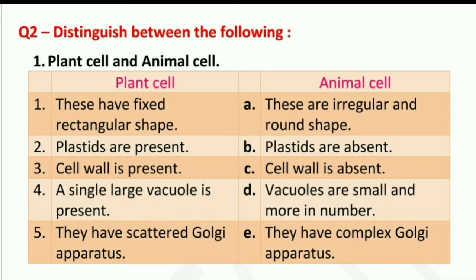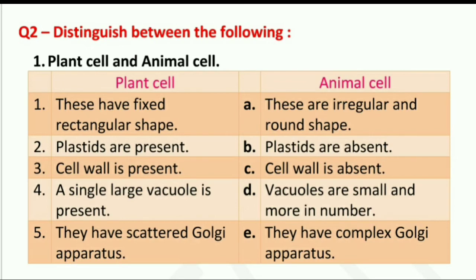In plant cells, plastids are present, and in animal cell, plastids are absent. Third point, in plant cell, cell wall is present, whereas in animal cell wall is absent.